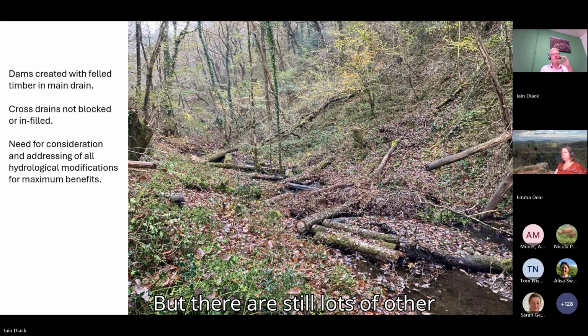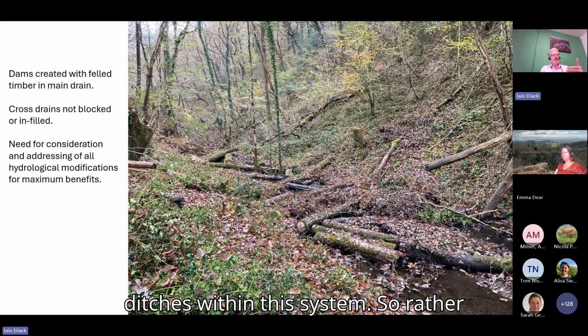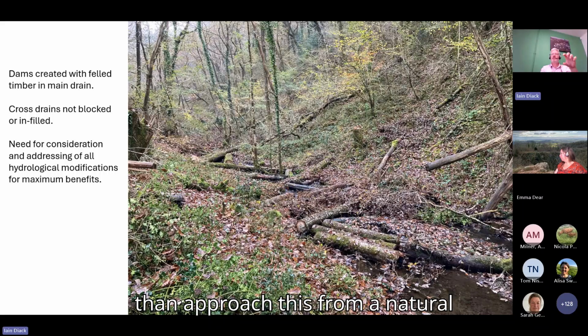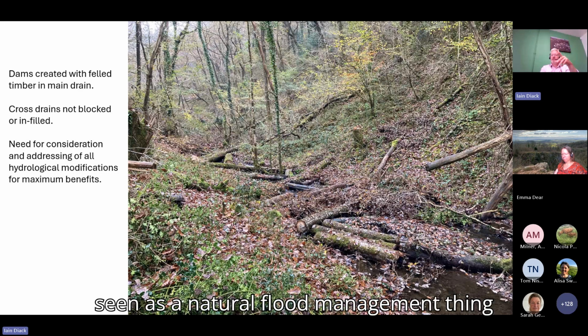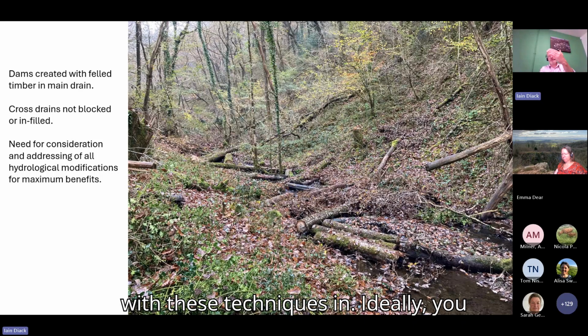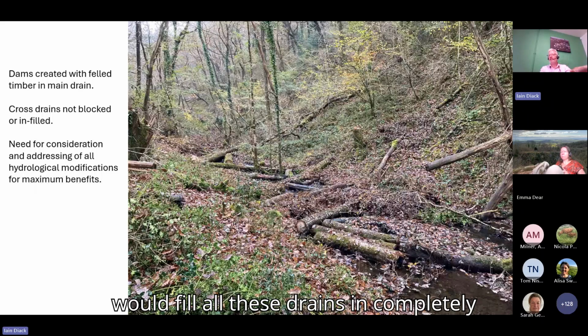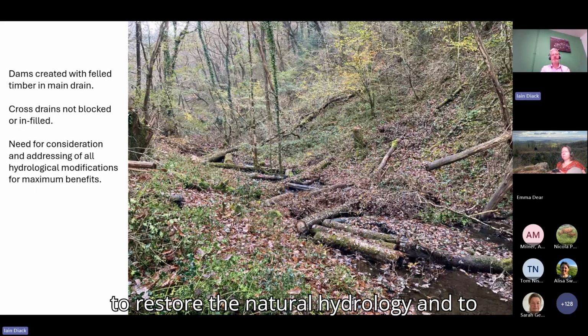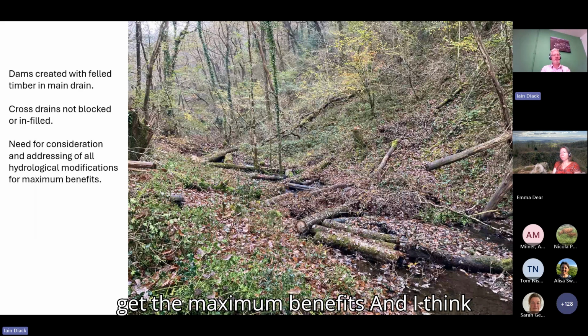But there are still lots of other ditches within this system. So rather than approach this from a natural hydrology restoration, it was seen as a natural flood management thing with these techniques in. Ideally, you would fill all these drains in completely to restore the natural hydrology and to get the maximum benefits. And I think longer term, we will do that now.